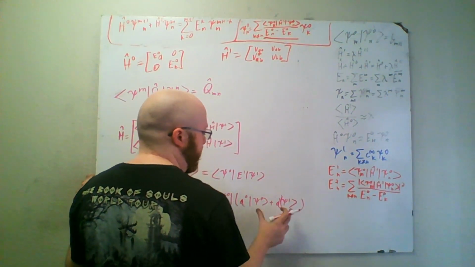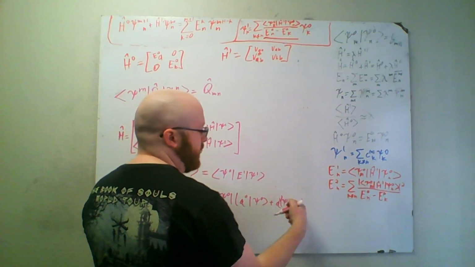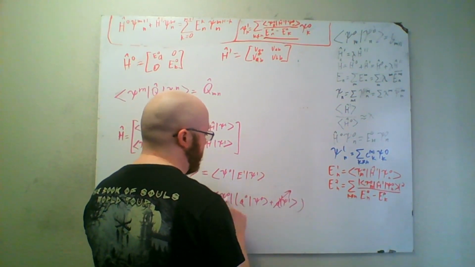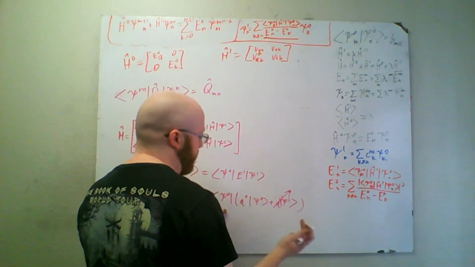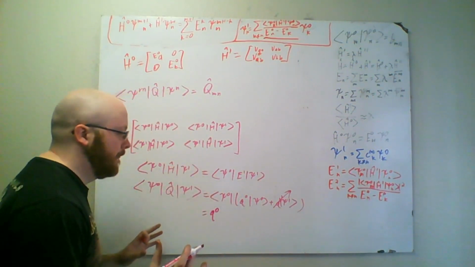So now you look at this and go, okay, this guy still goes to 0, because it's psi 0, the inner product of this, that's a constant you can pull out. But this guy doesn't, so you end up getting q0.